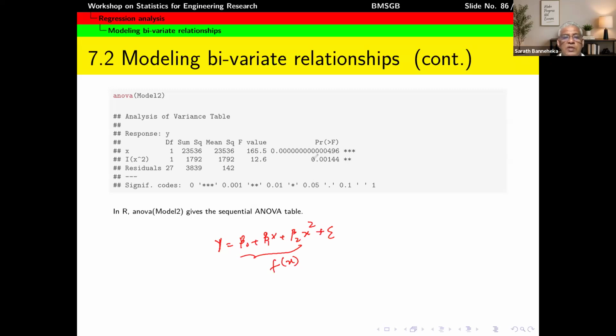Using this F test, we are testing H naught: whether beta 1 is equal to beta 2 is equal to 0, whether both of them are equal to 0, versus H1: at least one of beta 1 and beta 2 is not equal to 0.